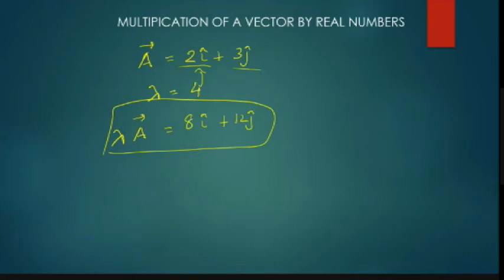Okay. Now tell me one example in physics where we are multiplying a vector with a scalar. Okay, before that, let me frame this question like this. If you multiply a scalar with a vector, whether the product will be a scalar or a vector.